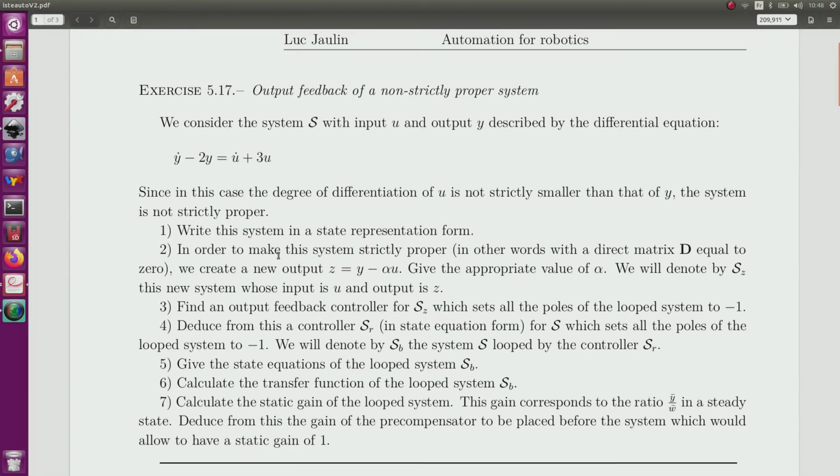Question number 2. This system has a direct term, d equal to 1, and I want to remove it by creating a new output, z, given with this form, and I have to find the value of alpha.